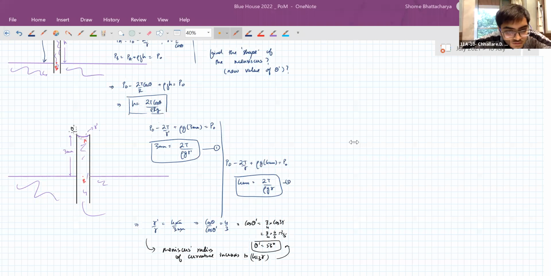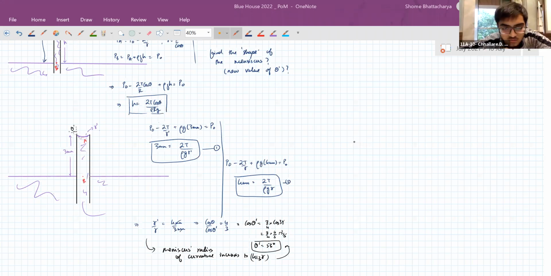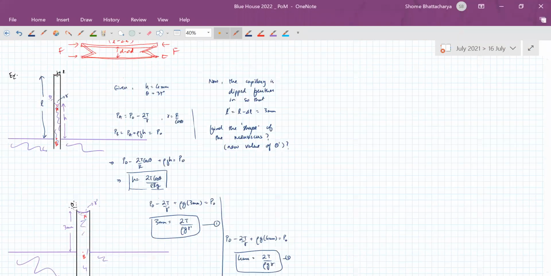Sir, if you don't mind, can you explain this numerical again? Yeah, so this is the question. You're dipping the capillary further in. So as a result of that, what is happening?